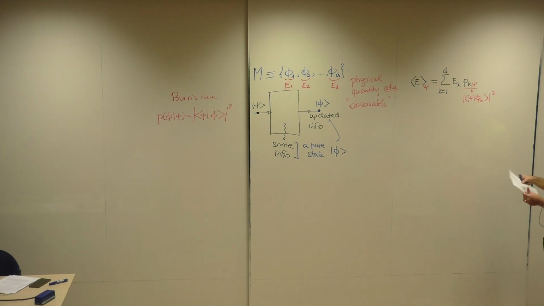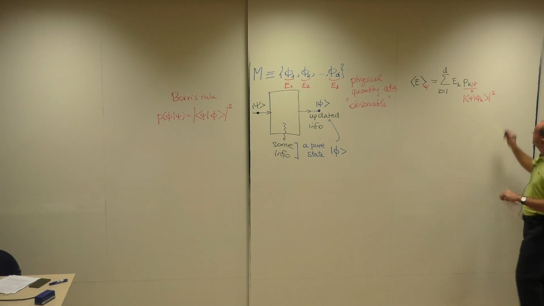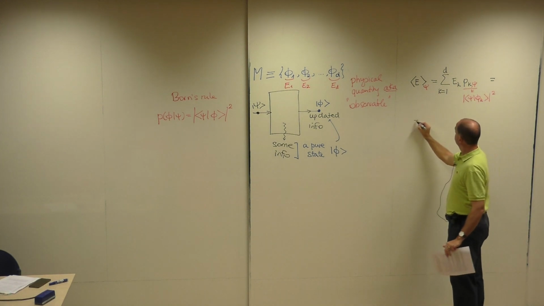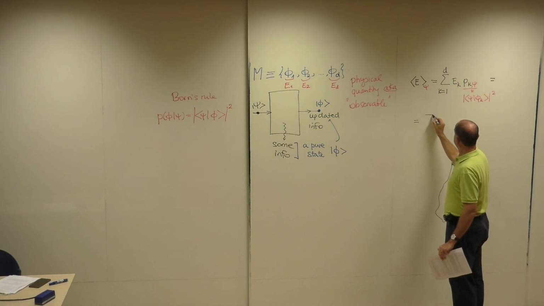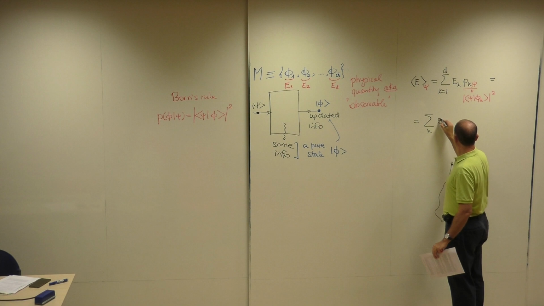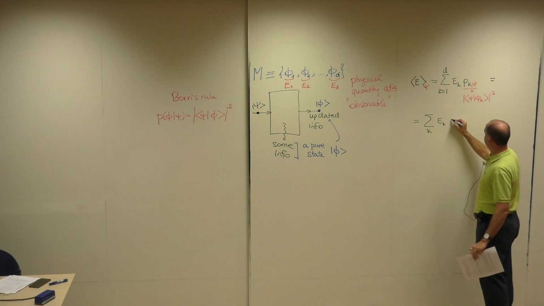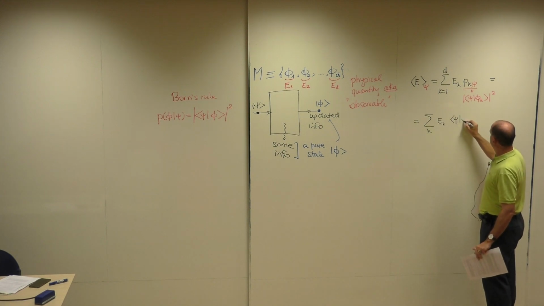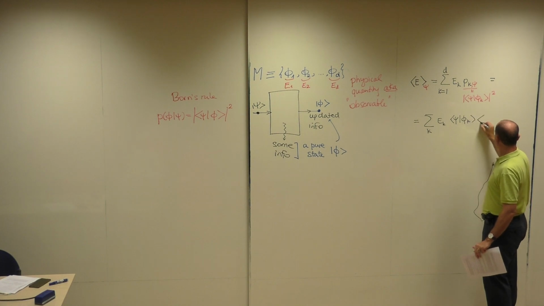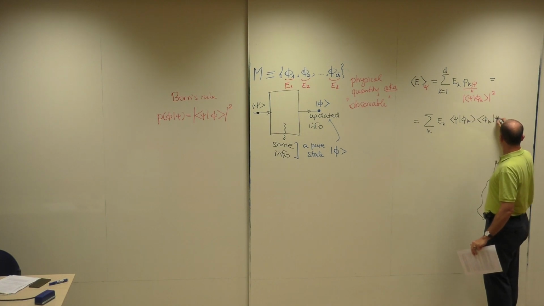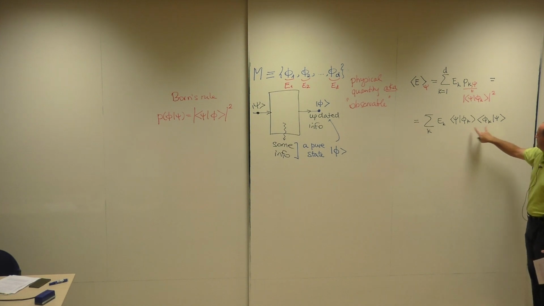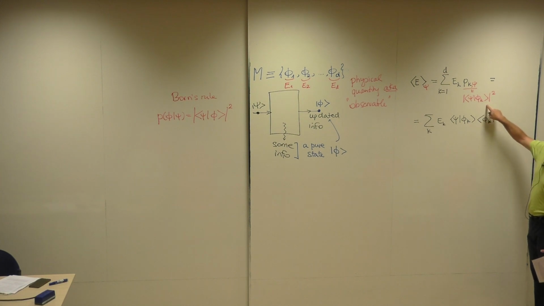So let me open up this expression now. Sum over k, E_k, and now we have here <psi|phi_k><phi_k|psi>, because remember that this is the complex conjugate of these, so therefore the product of these two complex numbers is exactly what we want.